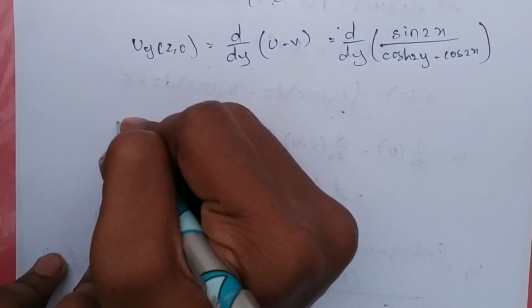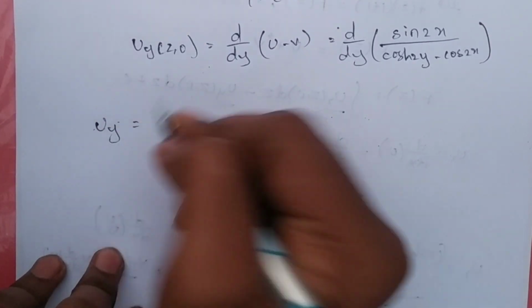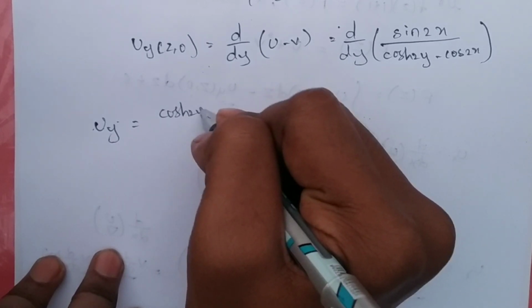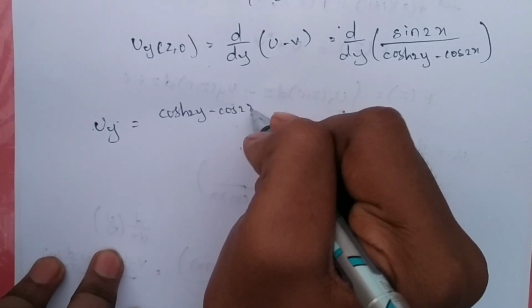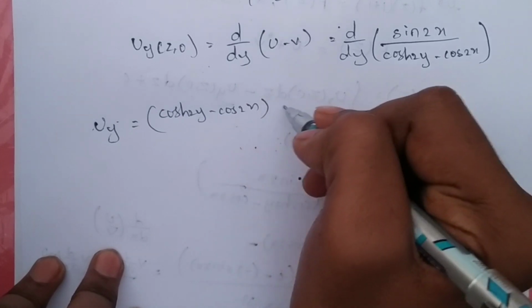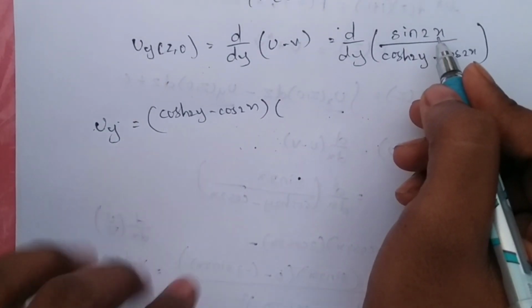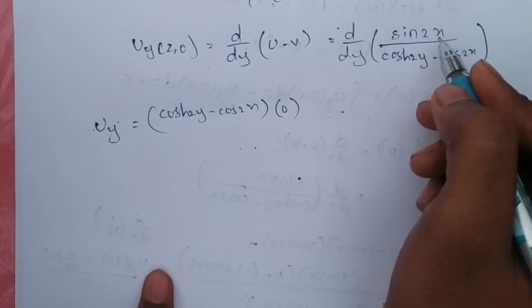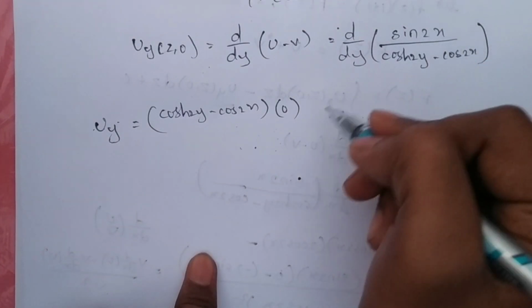So if we differentiate, it will become cos h2y minus cos 2x into the differentiation of sin 2x, which is 0 because x is a constant here. Differentiation of a constant is 0.